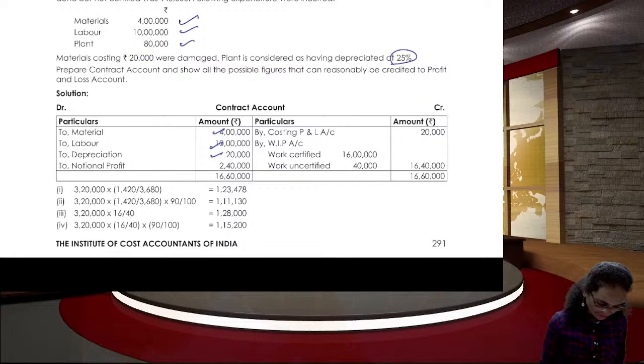Next, material costing 20,000 were destroyed, so you take it into costing P&L. Plant is considered to have 25% depreciation, we have already taken that. Prepare a contract account.